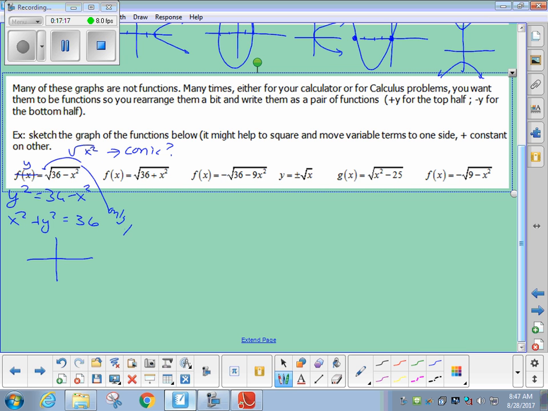It's a circle, like you said, but only positive y's, so it's just the top half. All right. Try the second one on your own. See what you think that graph would be. Square both sides, play with it a little. Decide top half, bottom half.